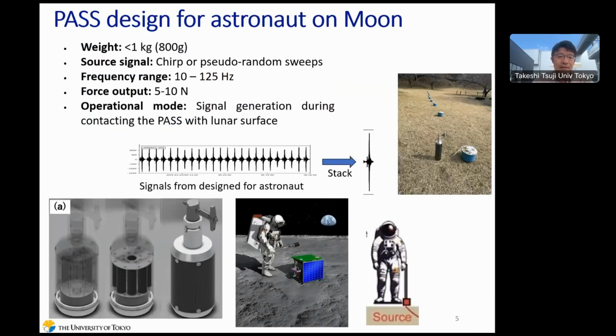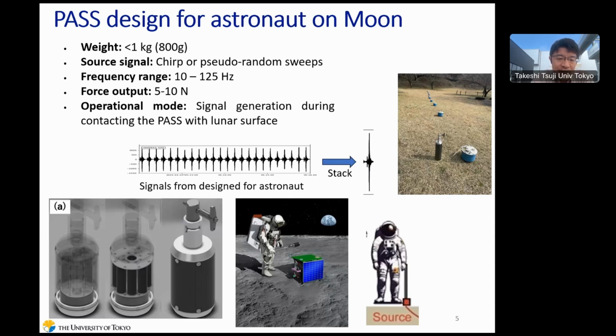Currently, for a near-future exploration mission, we designed our seismic source for human deployment on the moon. The weight is less than 1 kilogram, and as you can see in the middle of the figure, this is a real field test result, where we generate the same signal multiple times and stack the seismic signal.